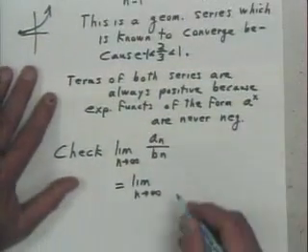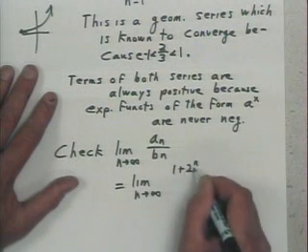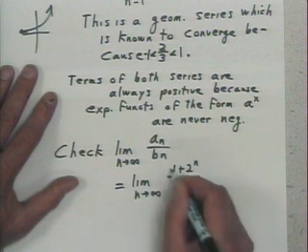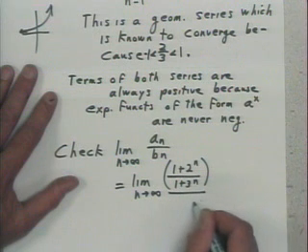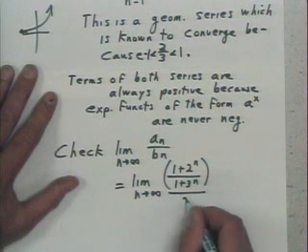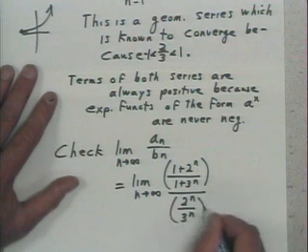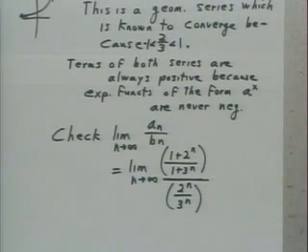So what I have to do is take the limit as n goes to infinity of (1 plus 2 to the nth divided by 1 plus 3 to the nth) all over (2 to the nth divided by 3 to the nth). The parentheses are just for emphasis on how this fraction is divided. I want to take that limit and see what happens.